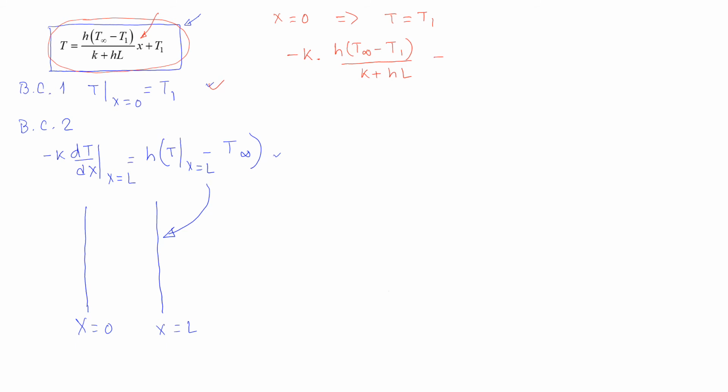So that's the left hand side, and the right hand side should be h times T at x equal to L. This T at x equal to L is h times (T infinity minus T1) over (k plus hL) times L, plus T1, that's my T at x equal to L, minus T infinity.